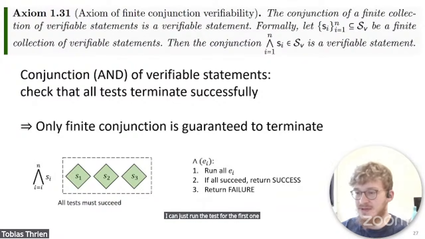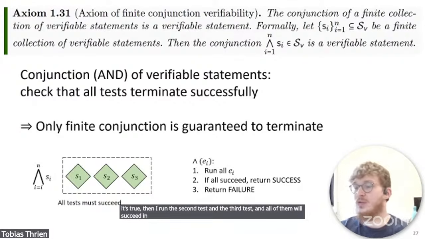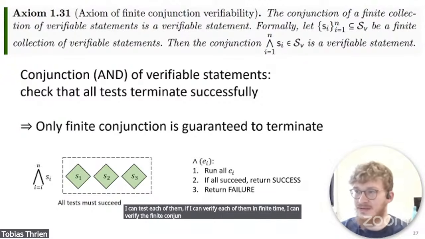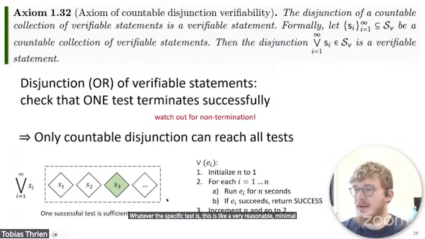It will succeed in finite time if it's true. Then I run the second test and the third test, and all of them will succeed in finite time. So the whole thing will succeed in finite time. If I can verify each of them in finite time, I can verify their finite conjunction in finite time. Whatever the specific test is, this is a very reasonable minimal requirement of how to combine them.